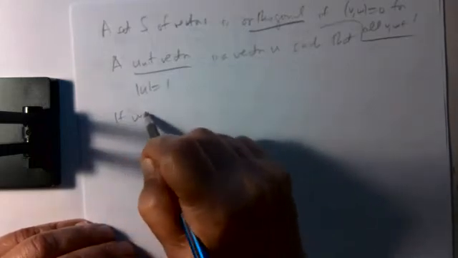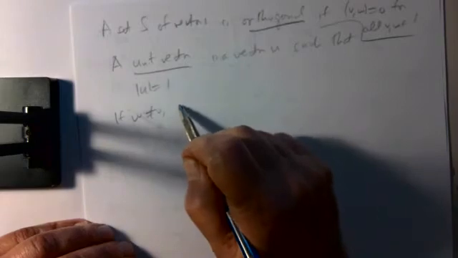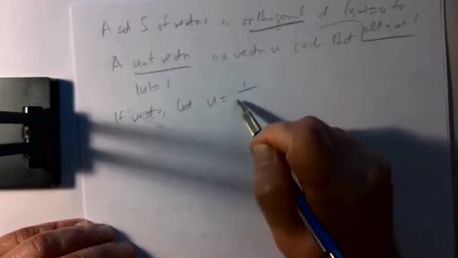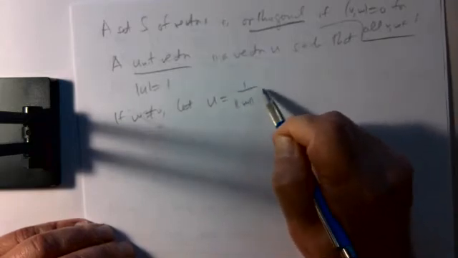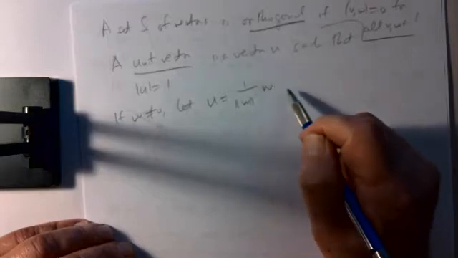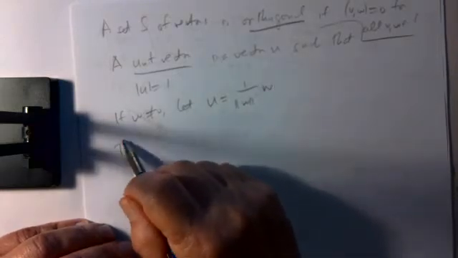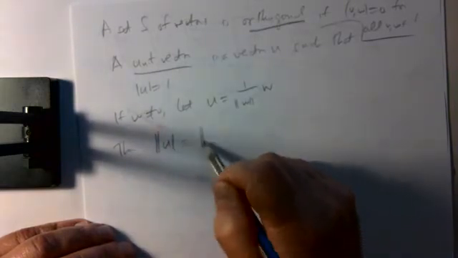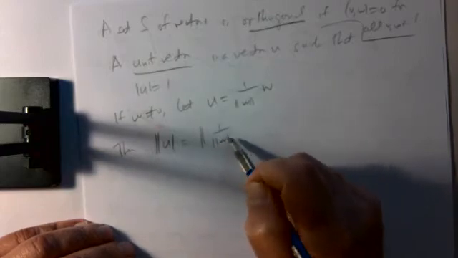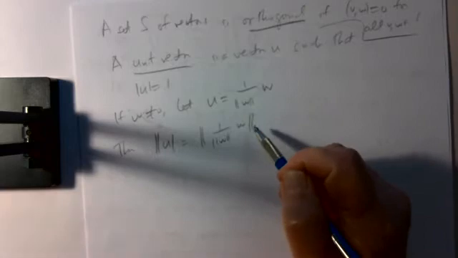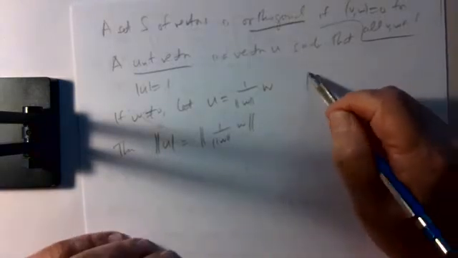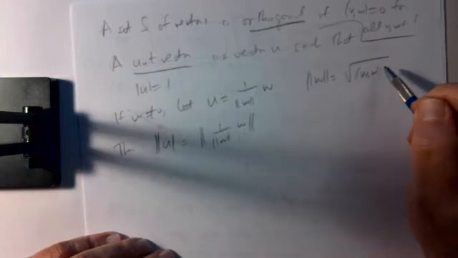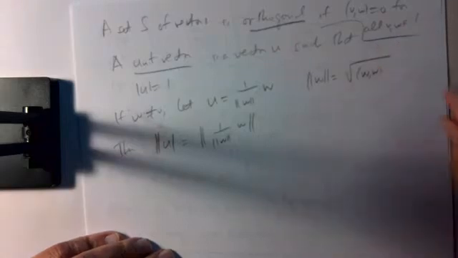And if W is any non-zero vector, if you let U be equal to 1 over the length of W times W, then the length of the vector U is the length of the vector 1 over the length of W times W. You remember the length of a vector is the square root of the inner product of the vector with itself. This is the definition of length.